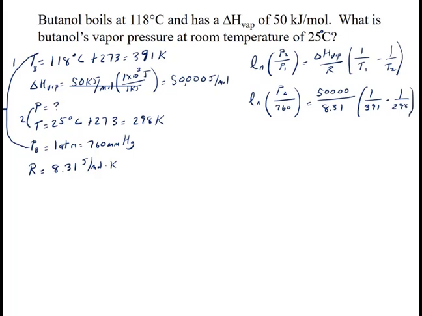Okay. So I'm going to do this problem very much like the last one. The way that was different is it didn't tell me what the pressure was because it said it was boiling. That was the main difference. So again, I have to leave the left-hand side empty. So it's going to be P2 over 760. When I take 50,000 divided by 8.31, I get 6,018.85.